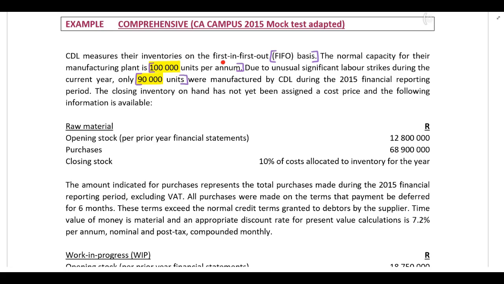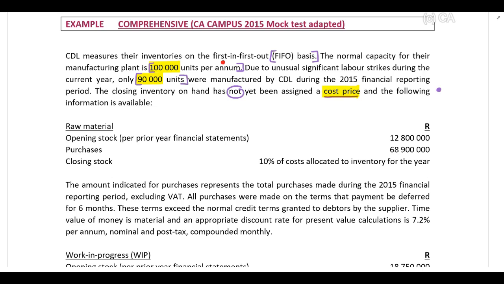The closing inventory on hand has not yet been assigned a cost price and the following information is available. Now guys, this is your clue. The closing inventory has not yet been assigned a cost price, therefore most probably the requirement will indicate that you need to determine what the cost price is or what the amount is that should be transferred to cost of sales and so forth.